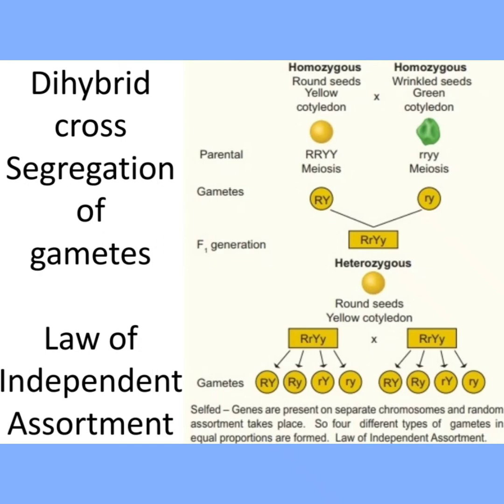When this plant produces gametes like capital R, capital Y, capital R, small y, small r, capital Y, small r, small y.